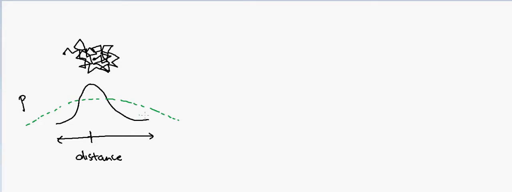Now the probability decreases. So this is t equal to 2 days, and this was t equal to, suppose, half a day.